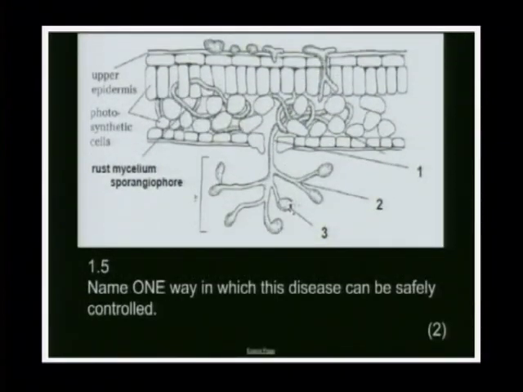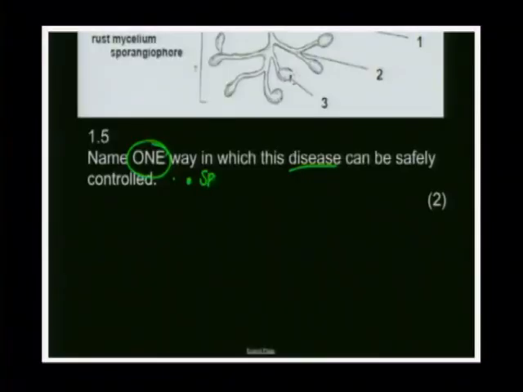Next question. One way in which this disease can be controlled. There are a number of ways that fungal diseases can be controlled. First of all, you can spray your crops with an antifungal agent.